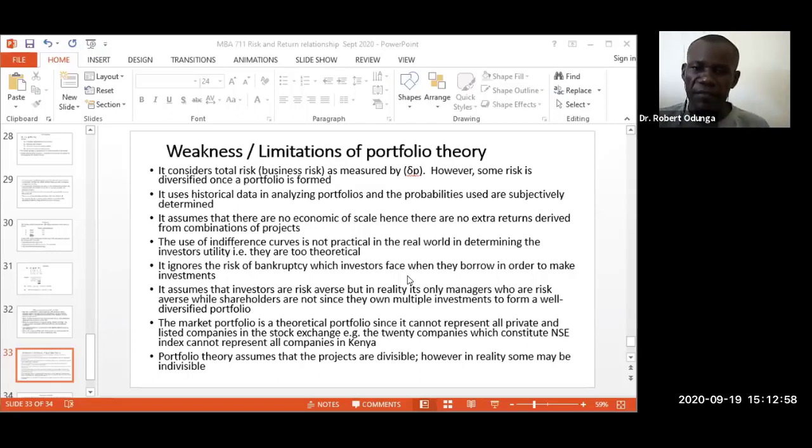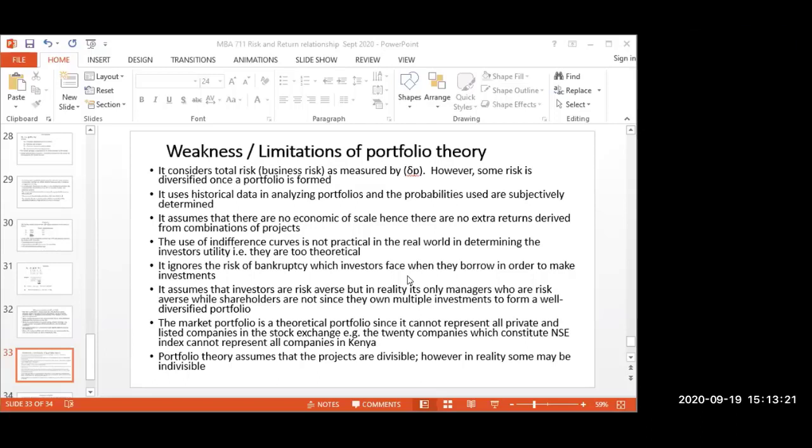Most models have weaknesses depending on how you look at them, because the assumptions may not hold in some circumstances. But for the model to work or to be useful, we have to hold some factors constant, despite the fact that they may not be really applicable in a real situation.